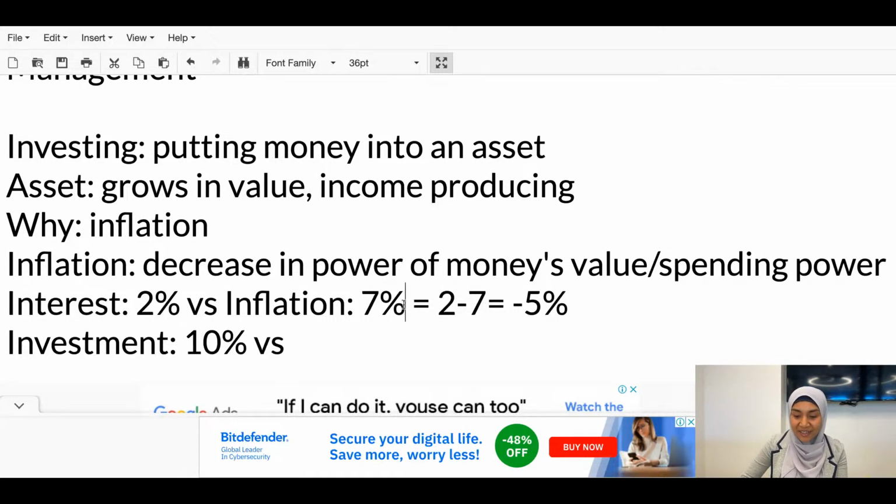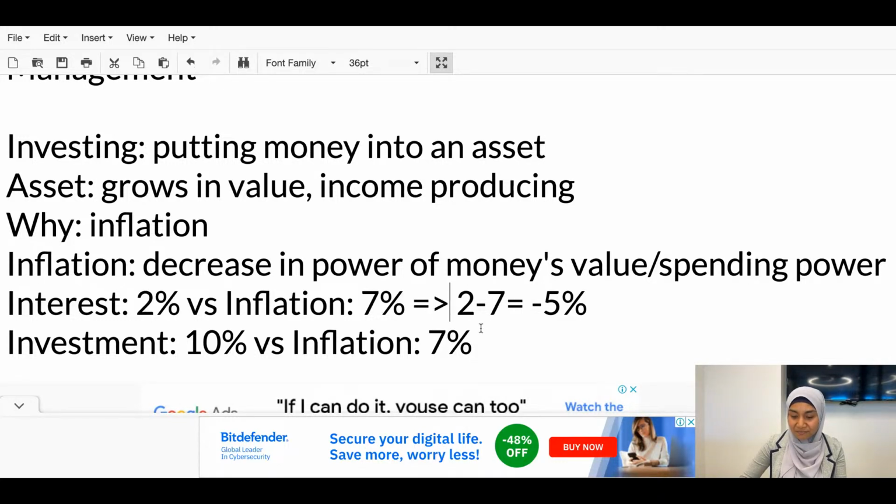It's the same idea. So we are investing in a company, but then inflation is the same as 7%. So if we subtract those from each other, it's a +10 this time because that's the gain, but it's a -7 because that's the loss in our money's power.